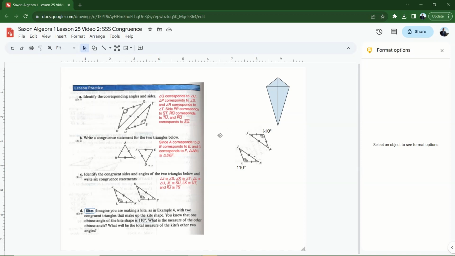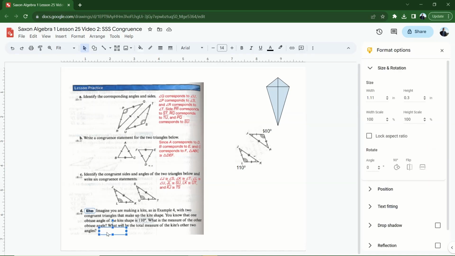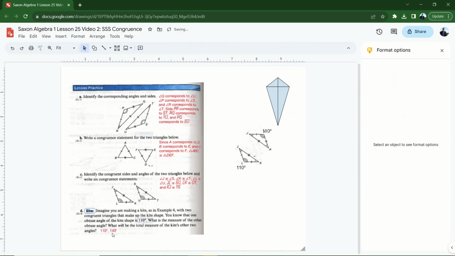That means I'm going to have 140 degrees left over for those two angles total. I don't know how much these get of that 140 and how much these get of that 140. But see if we did this right. Yes, the other side has to be 110 degrees because these two angles have to be congruent.